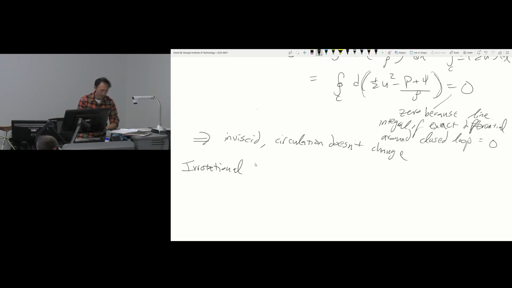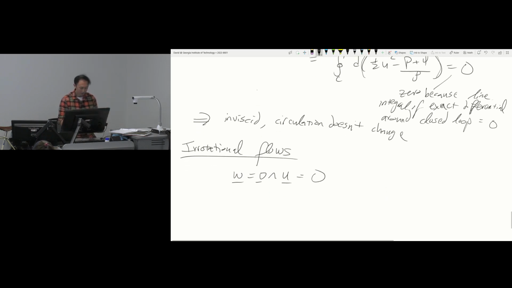And so that tells us that flows that are initially irrotational, because there's a relationship between circulation and the vorticity, you'll hear the word irrotational a lot. Irrotational flows are those for which the vorticity, remember we call this the vorticity, is 0.